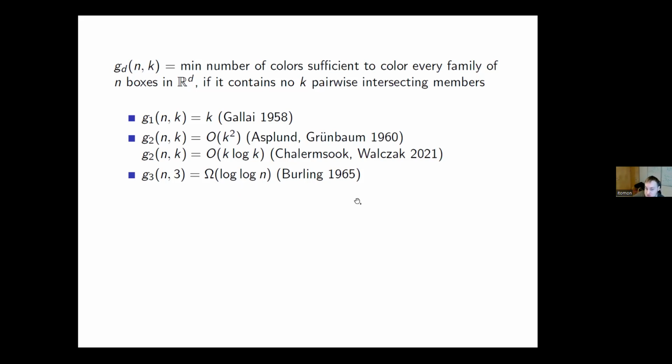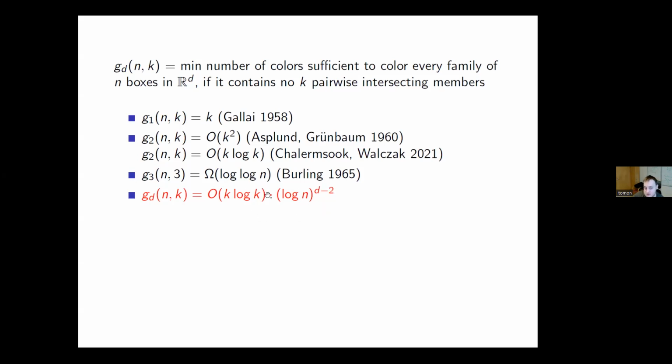There is a famous construction of Burling, which is used in a lot of other places as well, showing that there are triangle-free intersection graphs of boxes in R^3 where you need at least log n colors. On the other hand, in general, the best known upper bound is g_d(n,k) at most k log k (log n)^(d-2).